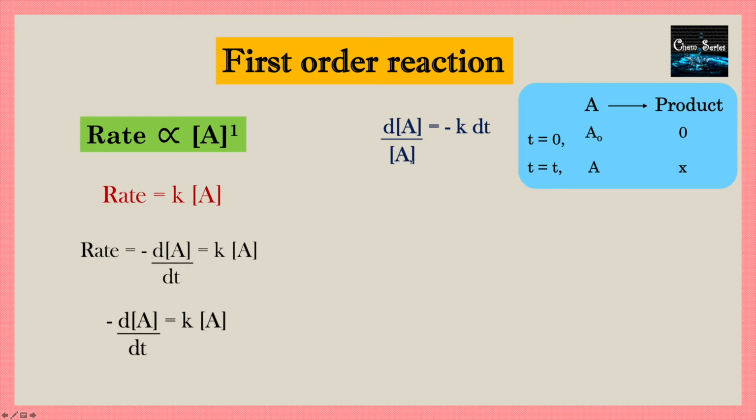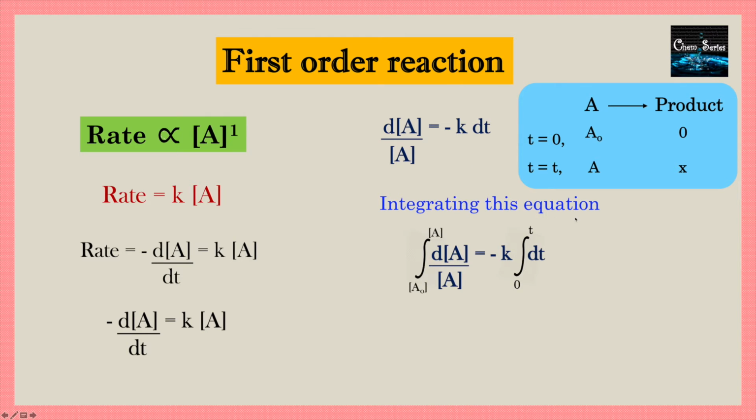On integrating this equation with respect to time 0 and time t, your lower limit will be your initial concentration to concentration at time t, and for dt the integral will be from 0 to t. So while integrating, 1 by x dx will be ln x.